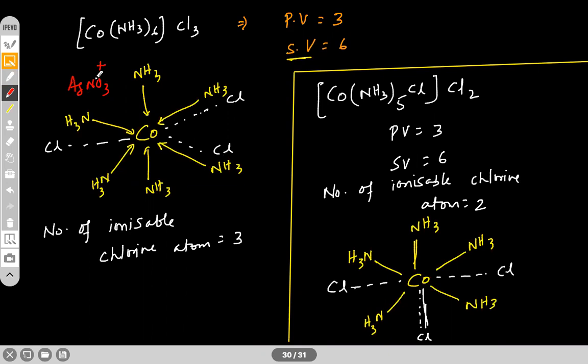So precipitation-based questions are also asked. You just need to keep in mind that the atoms present outside the square bracket are ionizable, and according to that we consider the reaction or the number of ions we get in the solution. Understood my point?